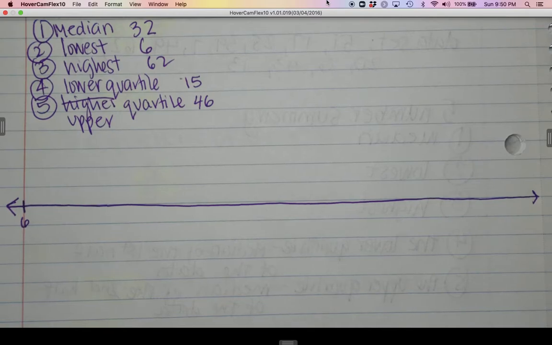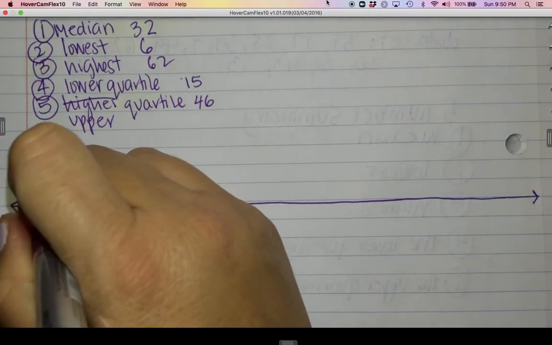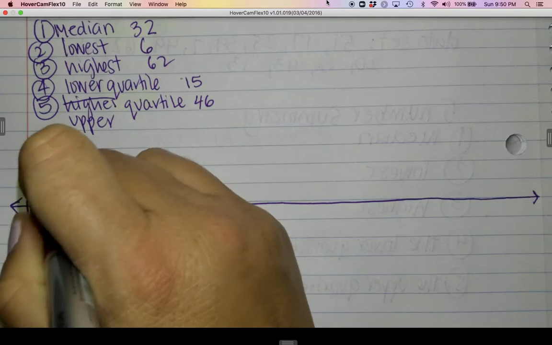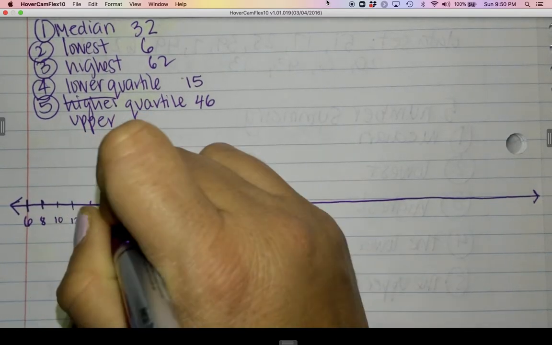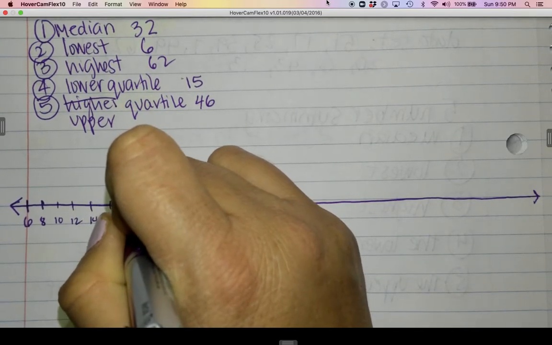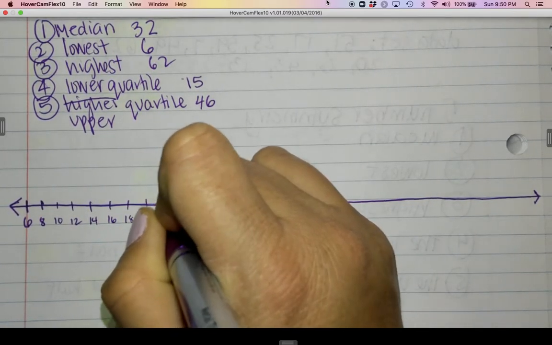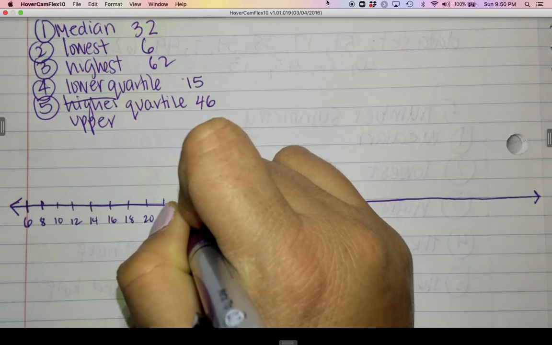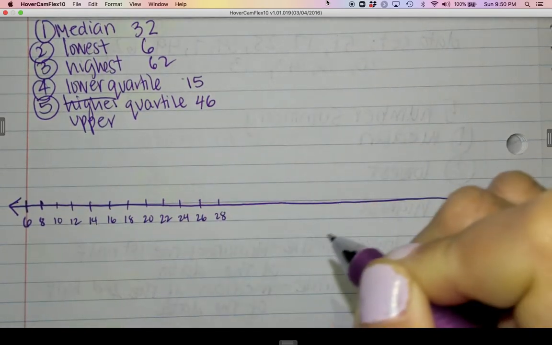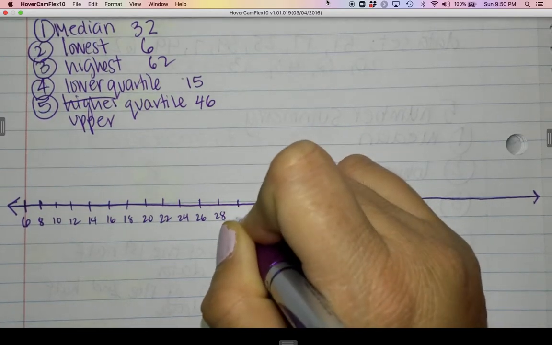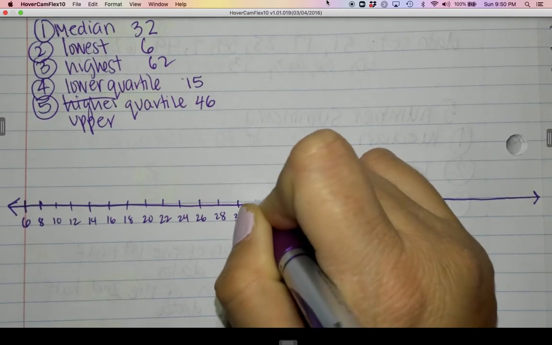So, my middle number, okay, so let's just count by 2s. 6, 8, 10, 12, 14, 16, 18, 20, 22, 24, 26, 28. I'm going to stop counting so you can do it as well.